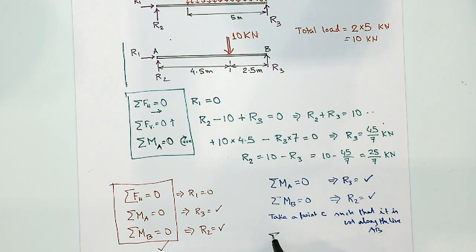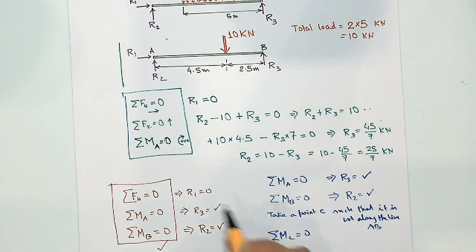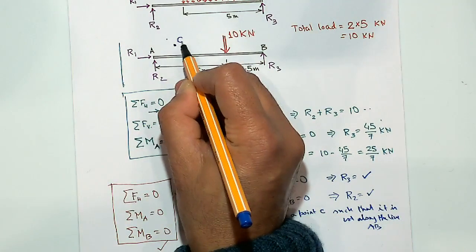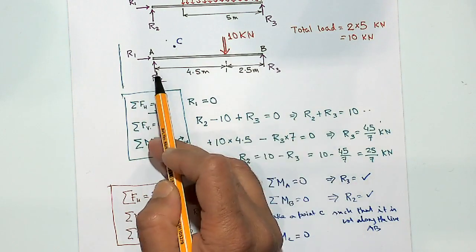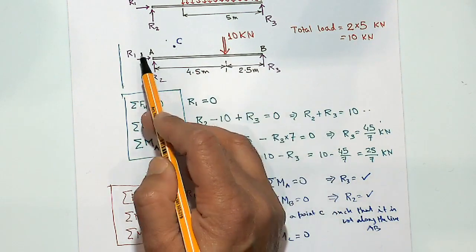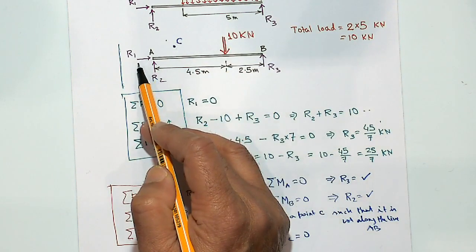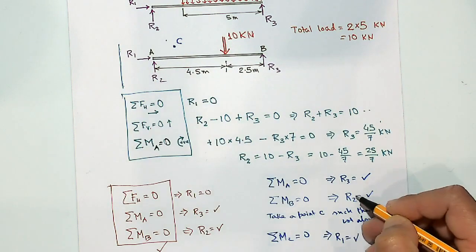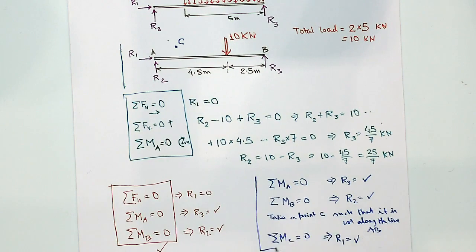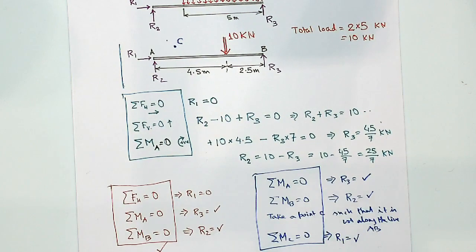And if you take moment about C equal to 0, then you know R2 value already, you know R3 value, so the only unknown is R1, so this will give you the value of R1, because you already know R2 and R3. So moments about 3 points can also give you all these three unknown forces.